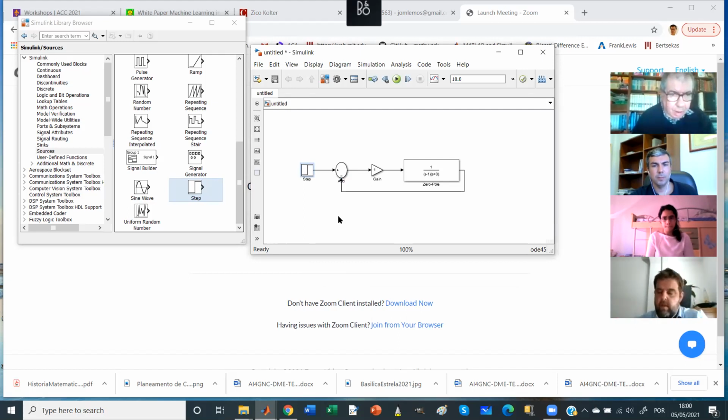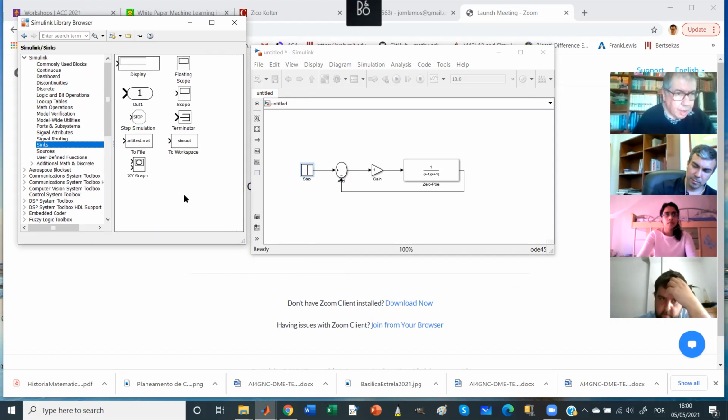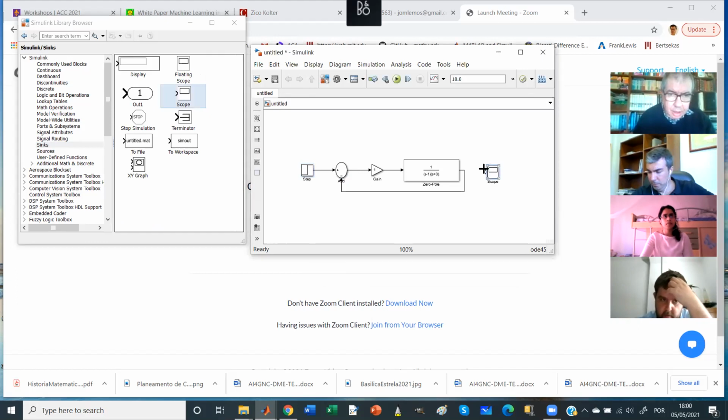And now I want to see what is happening. So I go to the sinks and I pick up the scope that I place here. Okay, for a fast simulation, this is okay.